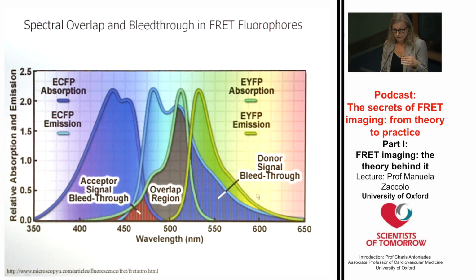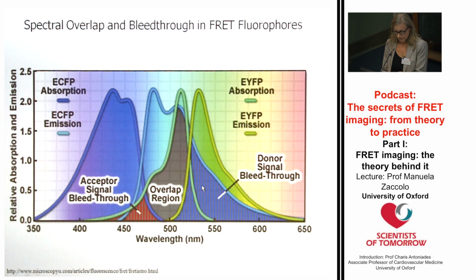The other contaminant signal is the bleed-through of the donor emission into the acceptor channel, highlighted here by the striped blue area.